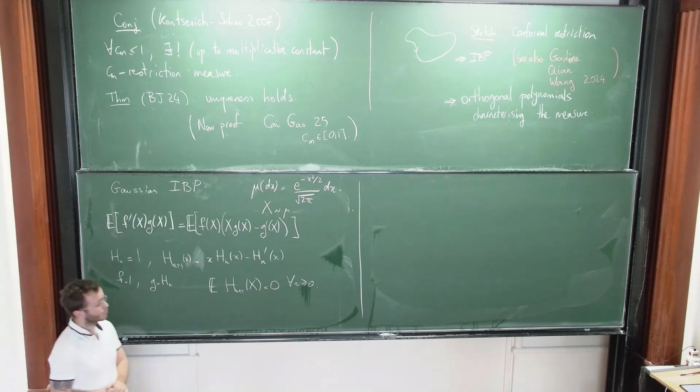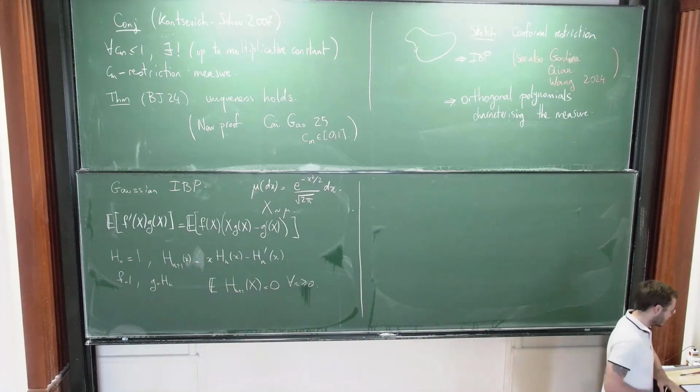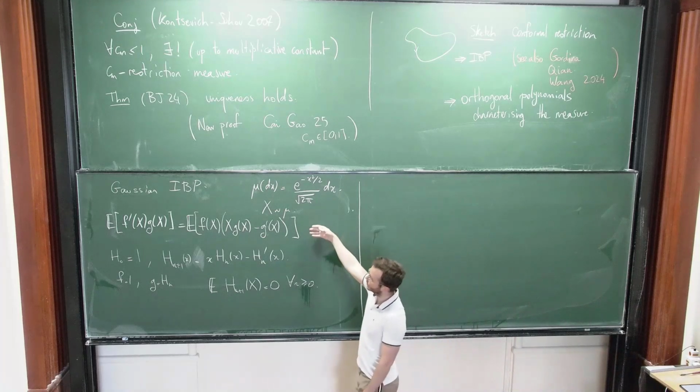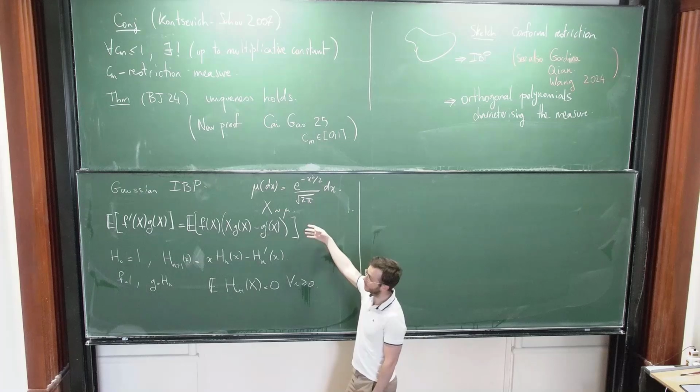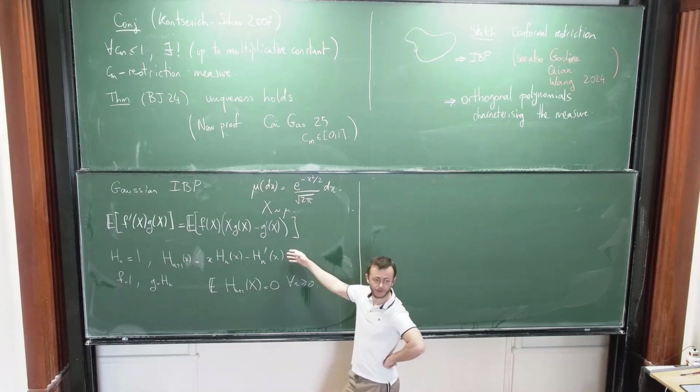So we'll try to use some strategy like this in this context. As you can see, we recognize two steps. The first one is really to obtain this integration by parts formula. The second one is a little bit more analytic, algebraic, where you want to construct polynomials.